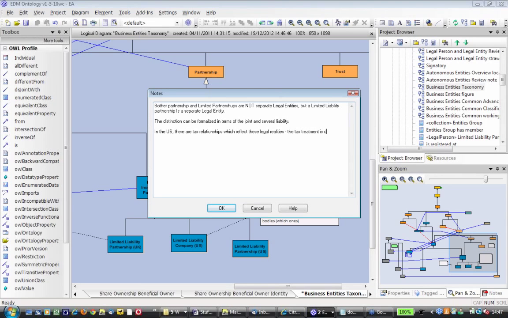So would you say these reflect these legal realities, or do they drive them? They're separate. They're kind of orthogonal, Mike. Because it's true in the UK too that the tax treatment is different amongst these different types of partnerships. Yes.